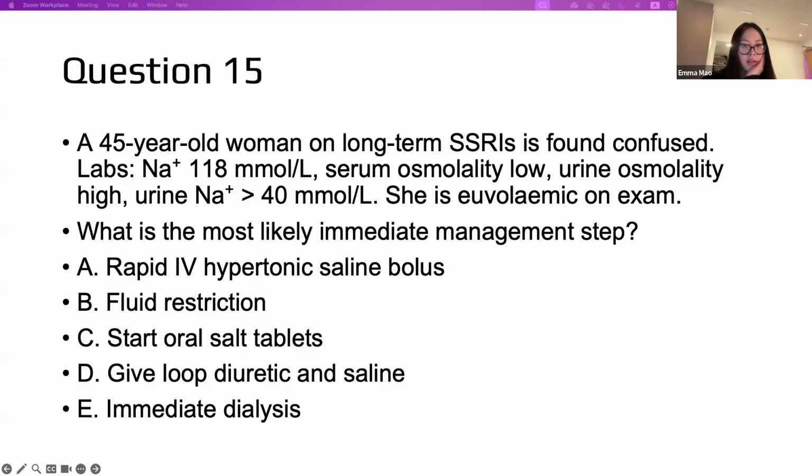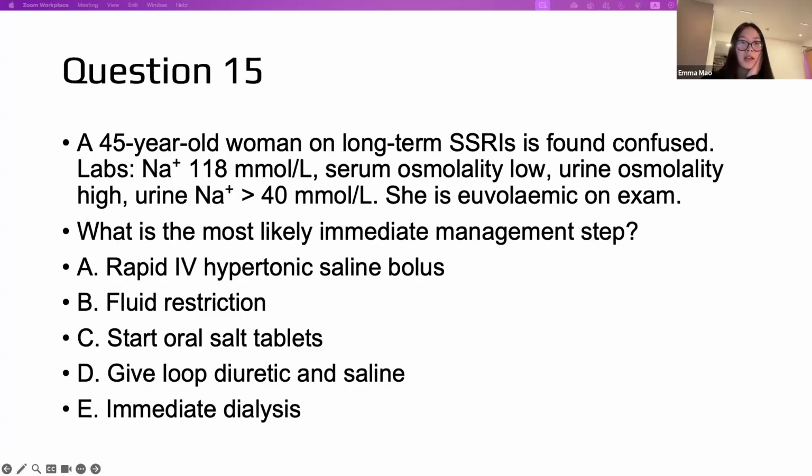So long-term SSRIs is a slight clue. And then she is hyponatremic, and her urine is very concentrated. Yeah, I hope you've got that.